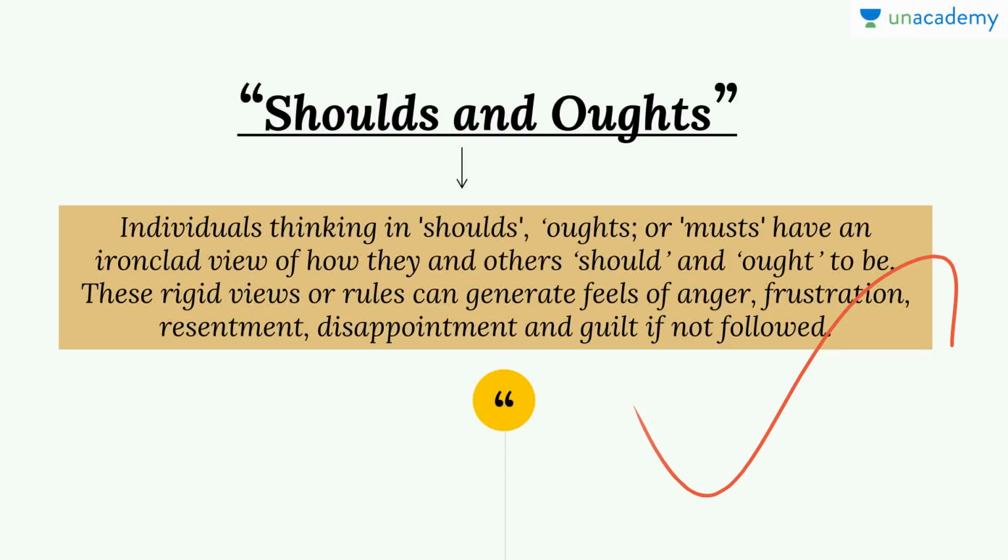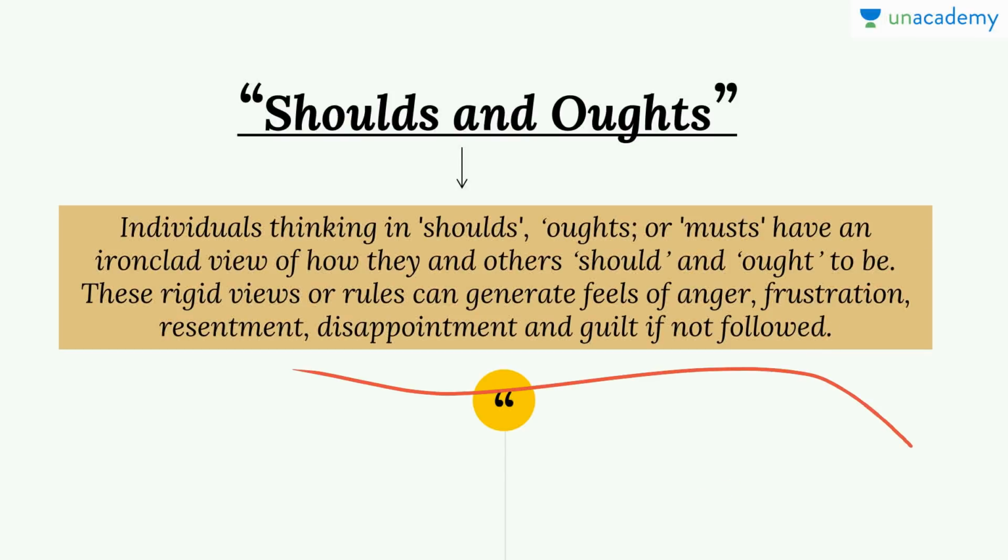And these rigid views or rules can generate feelings of anger, frustration, or disappointment if not followed. Because you become very stringent about how the other person should be feeling, or should be talking, or what should be his nature.